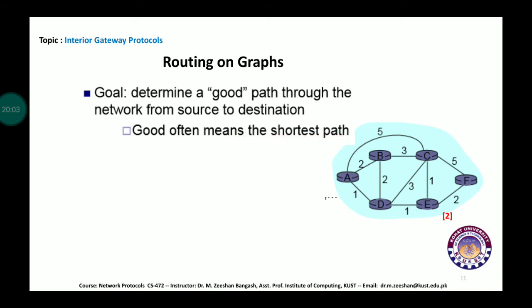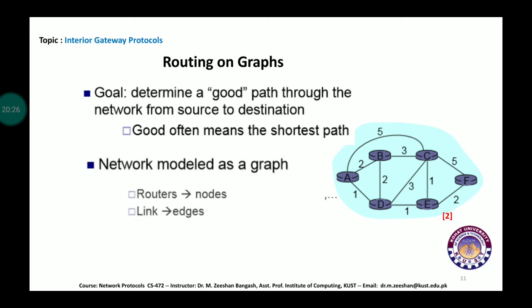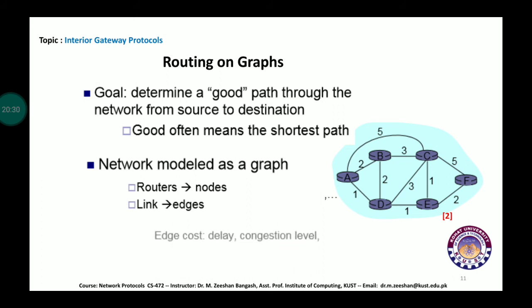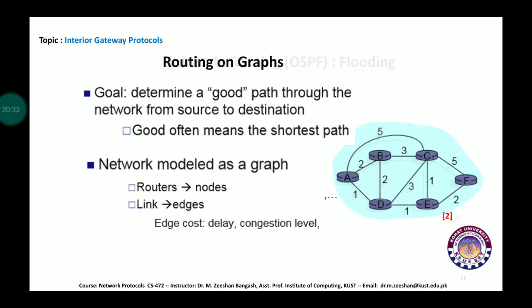However, a good path may be one that has low congestion, or where the error rate is low, or where the route to the destination is shortest. We have already talked about how the network is modeled as a graph, and the cost means delay or congestion level.